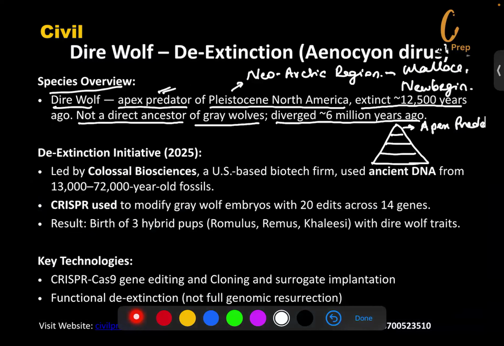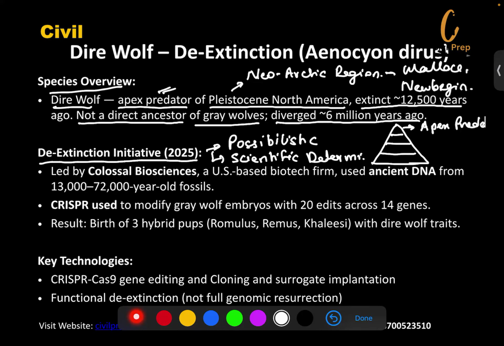Moving back to the previous part, the de-extinction initiative which we are talking about is one of the initiatives which is possibilistic, and it is also linked to scientific determinism. Now, it is led by Colossal Biosciences, a US-based biotech firm which used ancient DNA from fossils almost around 13,000 to 72,000 years old.